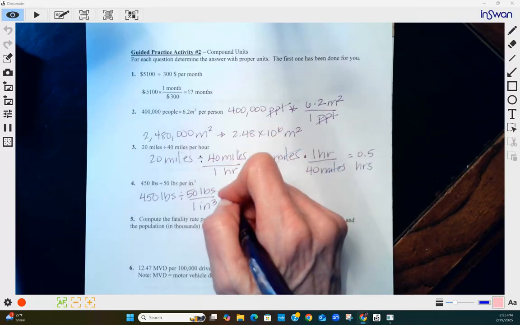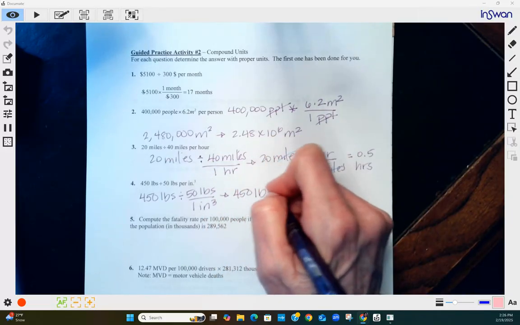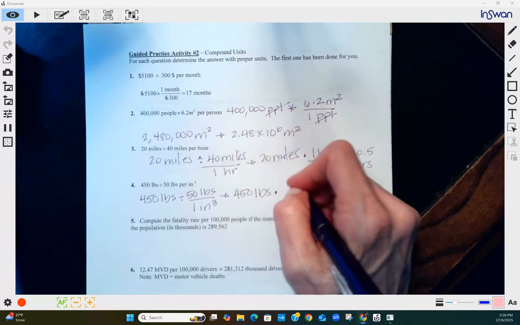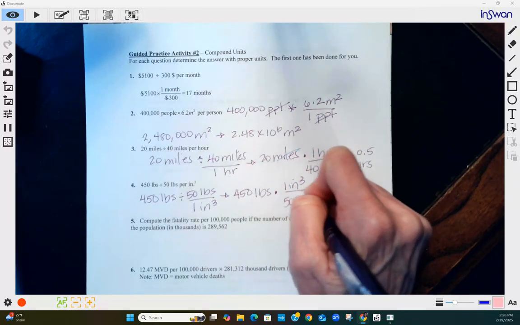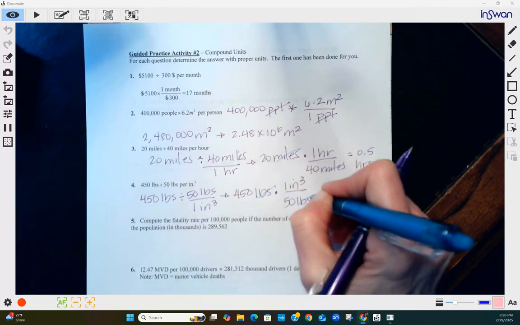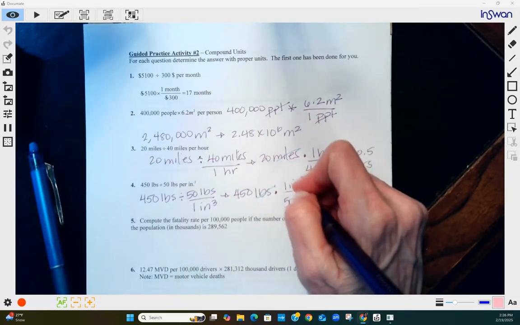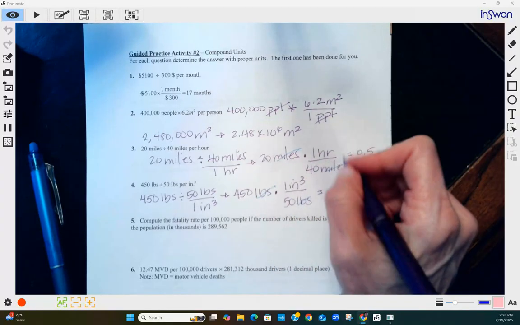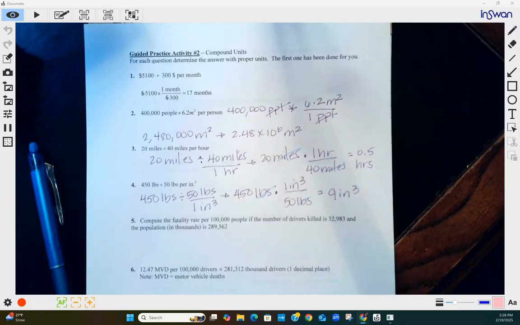But again, when you divide by a fraction, you change it to multiplication and you flip the thing you're supposed to be dividing by. You're still in the end going to do 450 divided by 50 with a final unit of cubic inches. So 450 divided by 50 is 9, and it would be inches cubed.